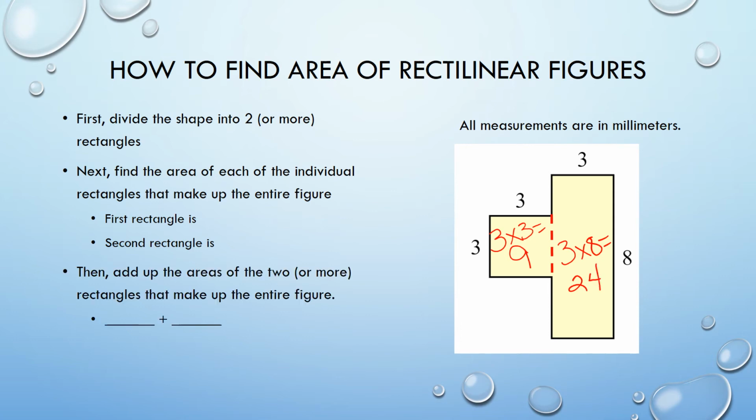Then we have to add up the areas so we can find the total. So we have 9 plus 24, and then we have to make sure that we have a label. So 9 plus 24 is 33, and in this case it's going to be millimeters squared.